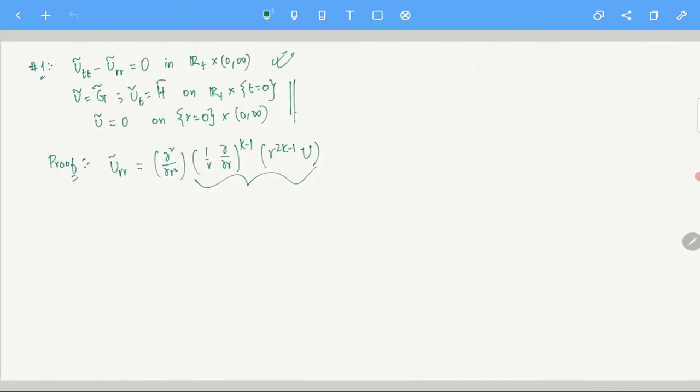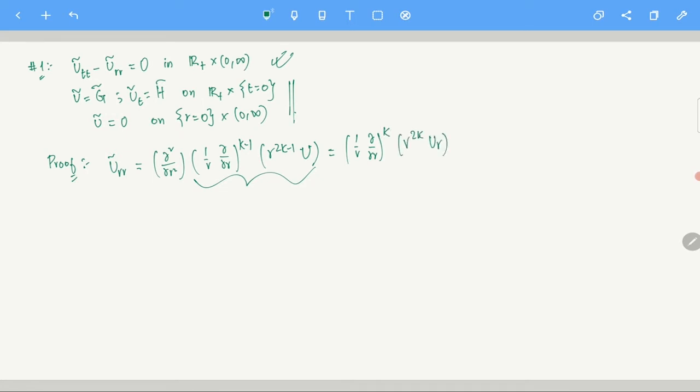So I'll write it down here. That will look like 1 by r del r whole power k, r power 2k U_r. Clear? Yes, essentially this is the exact same thing.